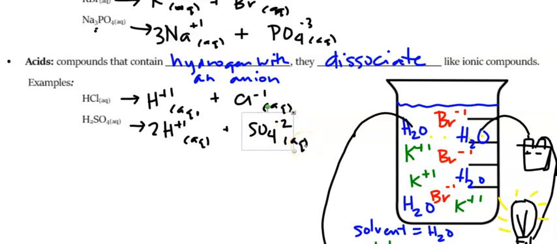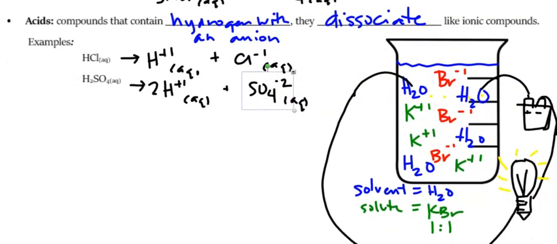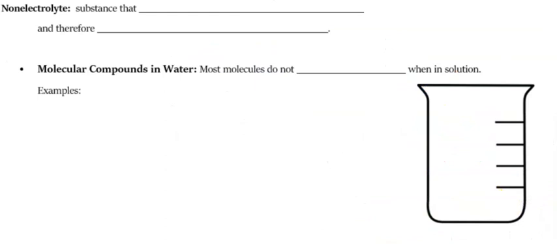Okay. So non-electrolytes, I think this is obvious, are substances that do not dissociate. So they're not separating into ions, so they're not conducting electricity.